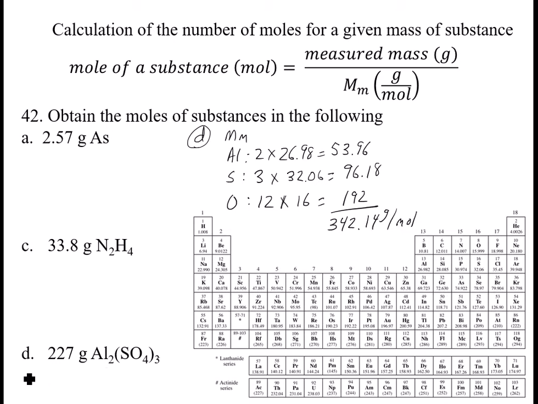And I'm just going to go down here. So 227 divided by the 342.14 gives me 0.663 moles. And I just like to always put the compound name, aluminum sulfate. So this is an ionic compound because this is a metal.